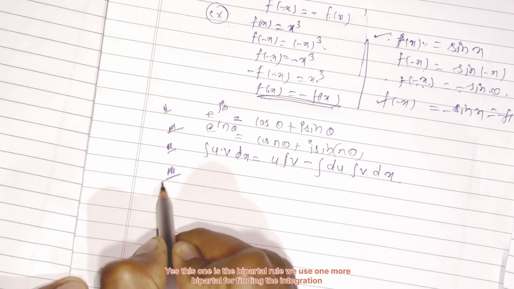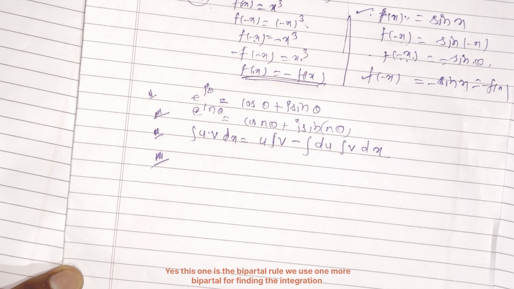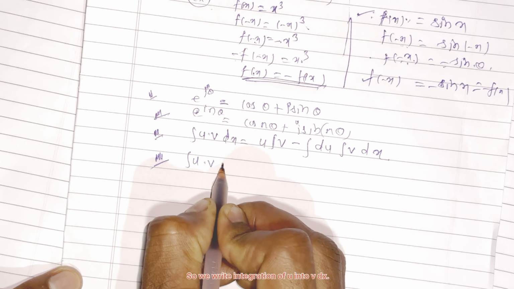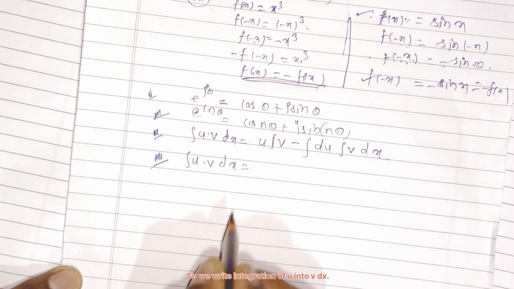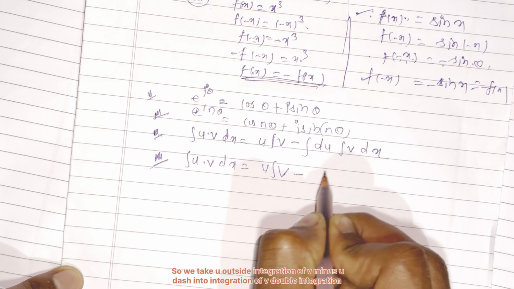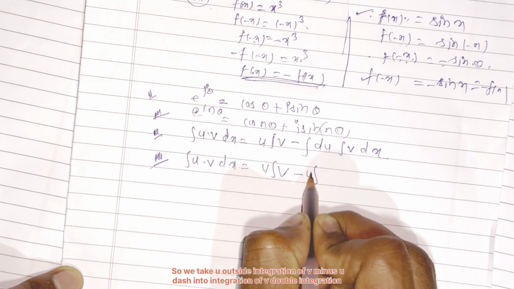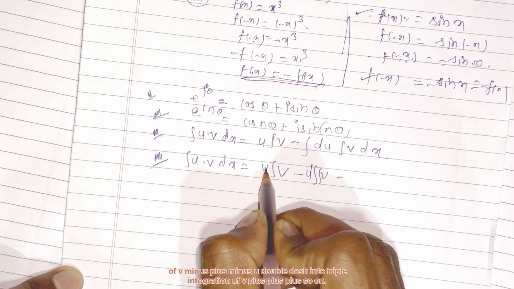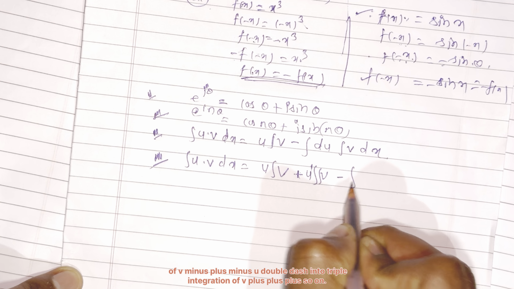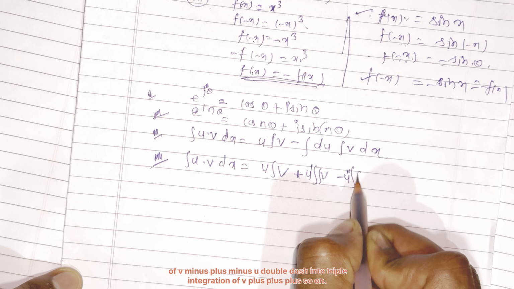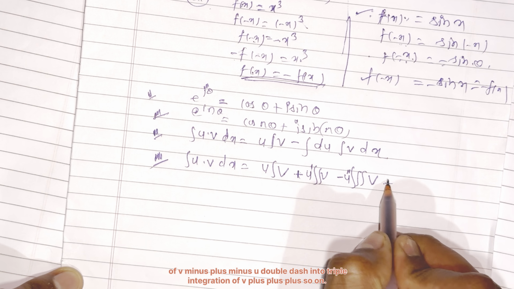We use one more by-parts rule for finding the integration. We write integration of u into v dx. We take u outside, integration of v, minus u dash into double integration of v, plus u double dash into triple integration of v, and so on.